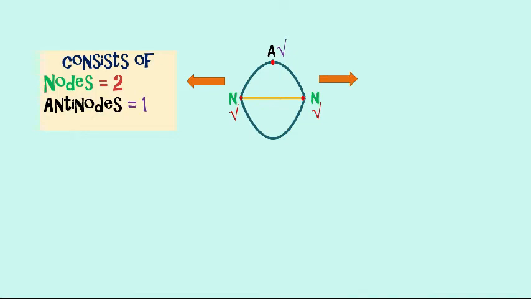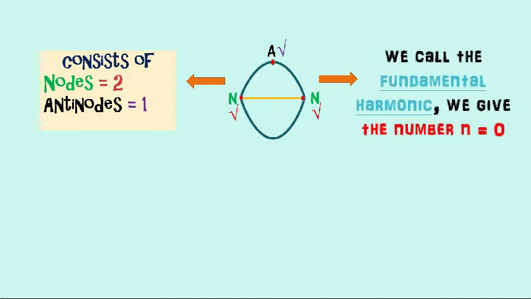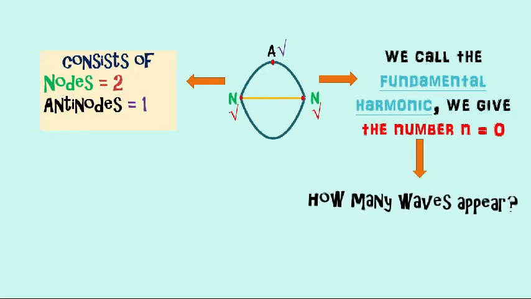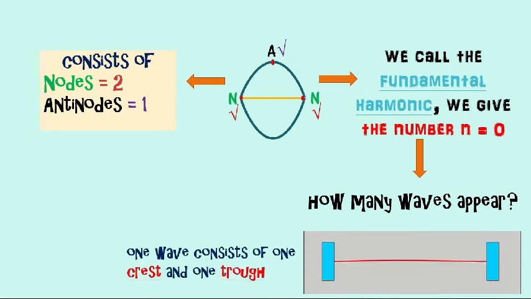Because this is the simplest harmonic that appears, we call it the fundamental harmonic, and we give it the number n equal to 0. Then how many waves appear? Remember, one wave consists of one crest and one trough, or one peak and one valley. The crest is similar to the antinode of the guitar string, so it can be concluded that it consists of only one crest.